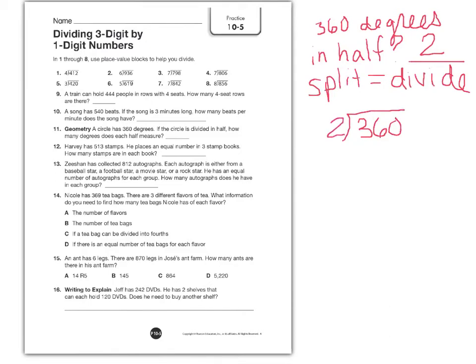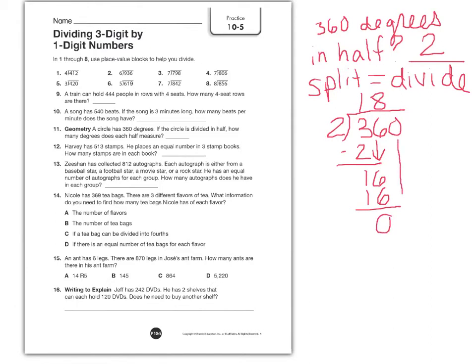Our first question is going to be how many 2's in 3? There is 1 two in 3. 3 minus 2 is 1. Bring down that 6, making that 16. You're going to ask yourself, how many 2's in 16? There are 8. 8 times 2 is exactly 16, making that 0.